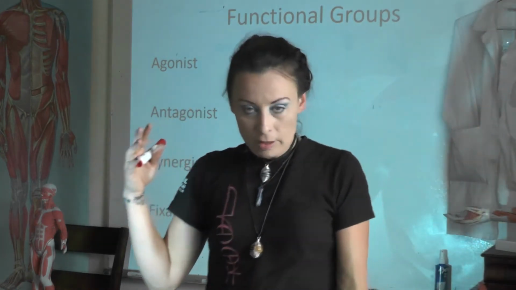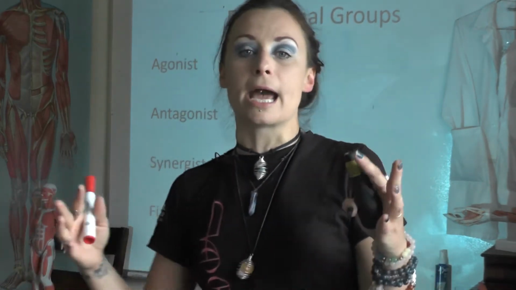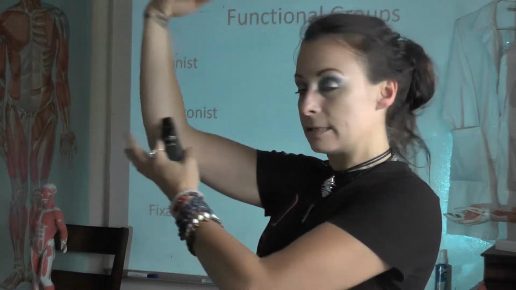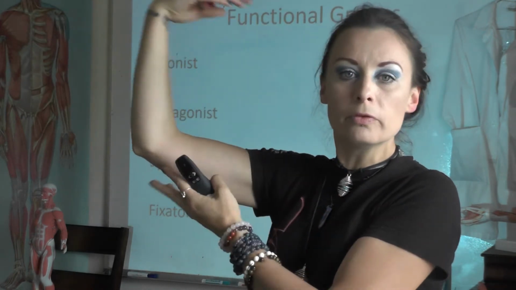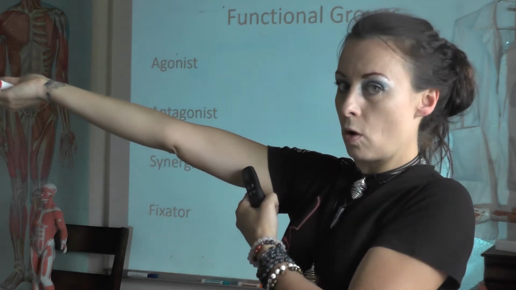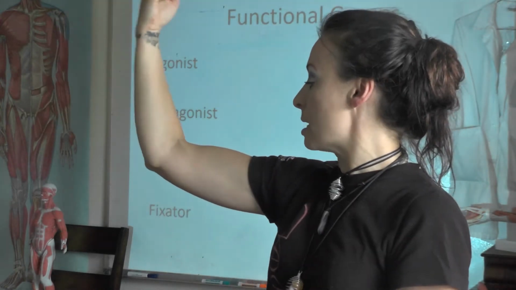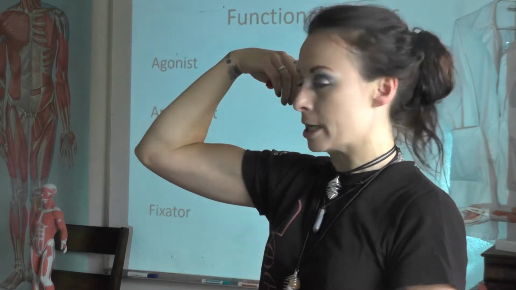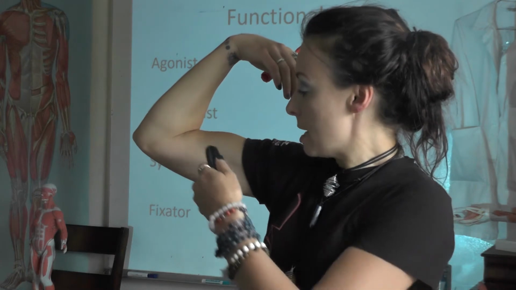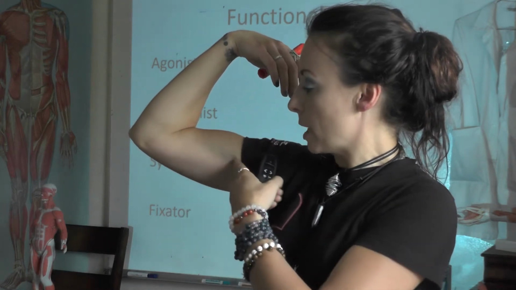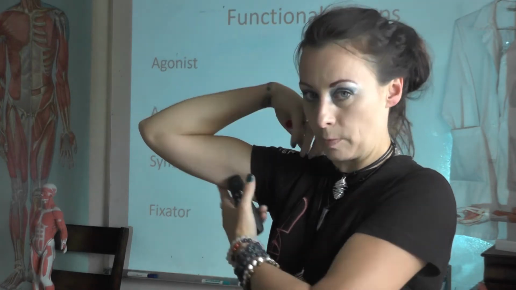So in every movement that we look at, or in every muscle that we're talking about, you have to look at the muscles on both sides of the joint and then decide in this particular movement which muscle is most responsible. So for example, if the movement is forearm flexion, then the agonist is biceps brachii. The synergist would be brachialis, your deltoid's a fixator, and the antagonist is your triceps brachii.